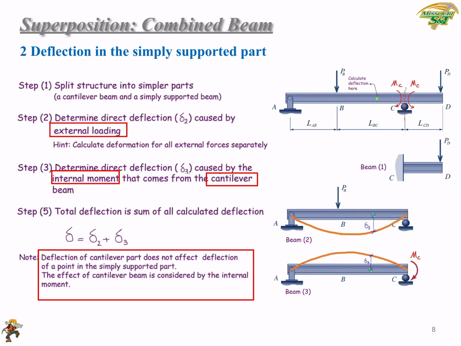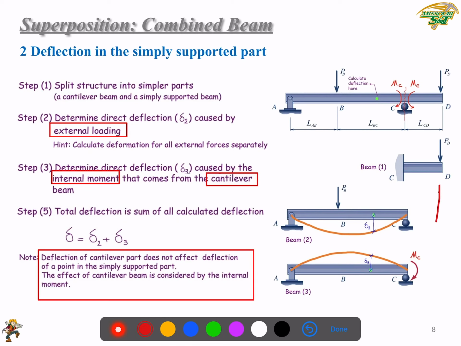All of its effect has been reflected by the concentrated bending moment MC. Apart from this, beam 1 will not make any change to the deflections in section AC, so we can ignore it and only consider beam 2 and beam 3.